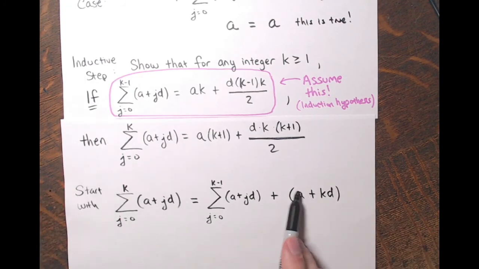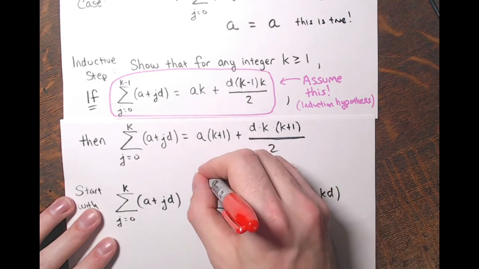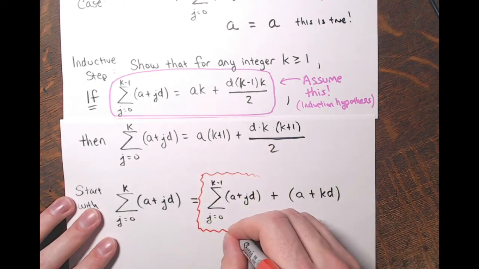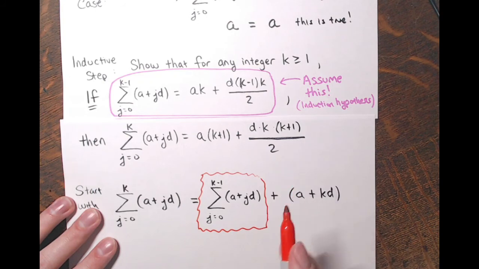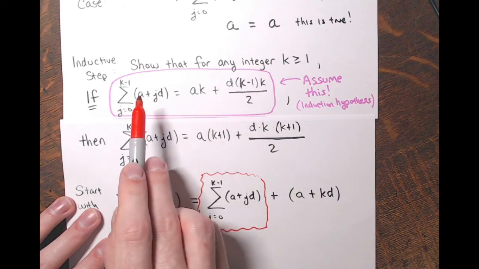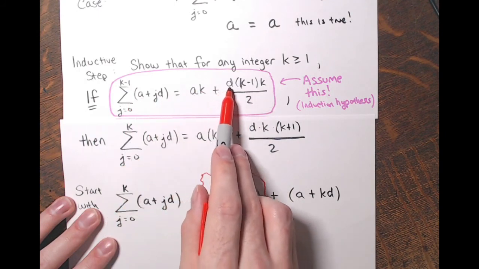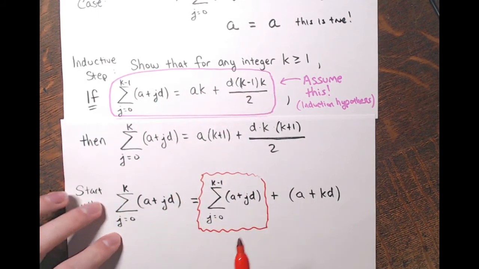Okay, so these are the same sums. They have the same exact terms. But now, look at this. I have this sum from j equals 0 to k minus 1 of a plus jd. That's this. And by our induction hypothesis, what we have assumed to be true is that this is equal to a times k plus d times k minus 1 times k over 2.